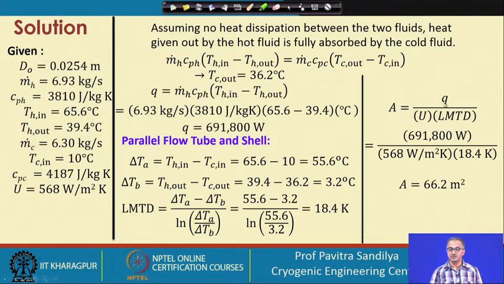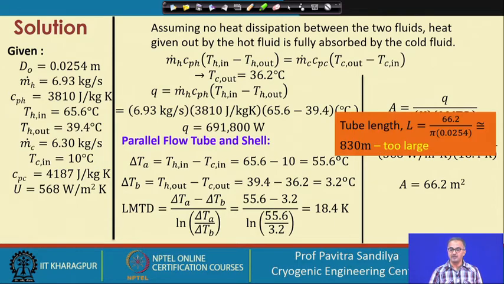Now, we know the Q value and the U value from here, and put the LMTD from here, and plugging in the values, we find this is the area necessary for transfer of the requisite amount of heat energy. And from this area, if we apply the formula to find out the length of the tubes, we find this is coming about 830 meter.